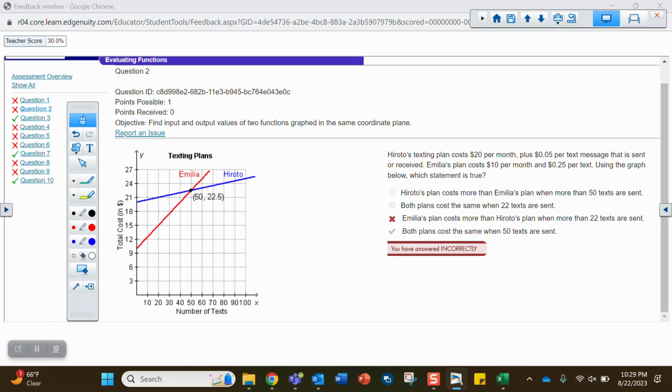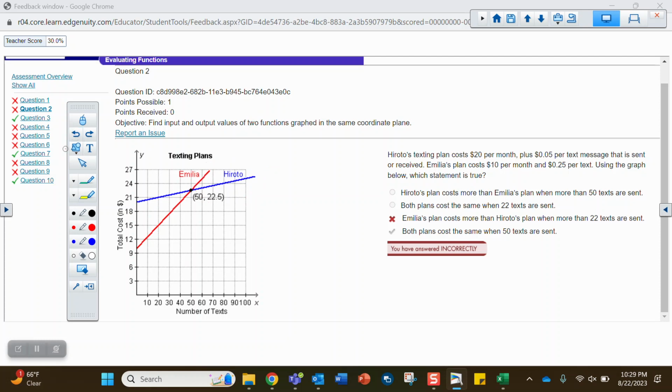So, Hiroto's plan costs more than Amelia's plan when more than 50 texts are sent. That's not true. This area in here is more than 50, and you can see Amelia's line is much higher than Hiroto's. So hers is actually more expensive after 50 texts.